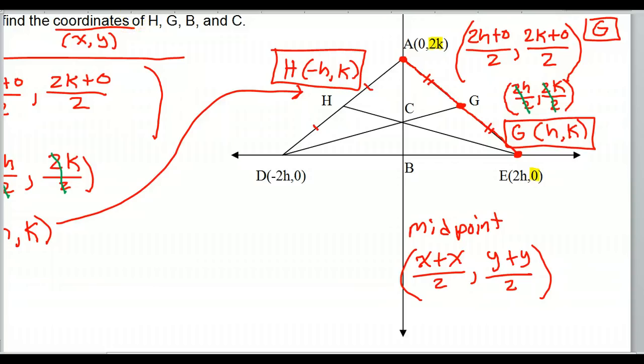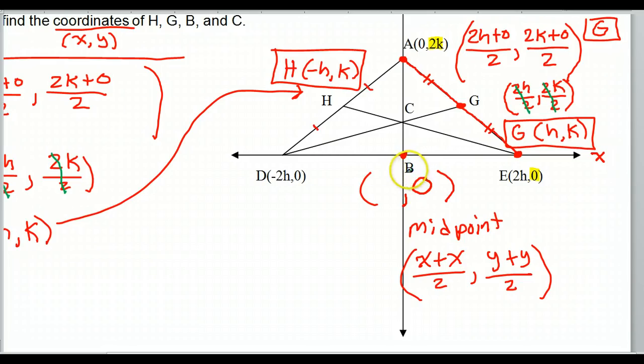Look, here's the bottom line. As we look at B, look at the other points. You see this? This is the x-axis right here. Can you see that point B is on the x-axis, just like D and E are? So because it's on the x-axis, the y value is going to be 0.